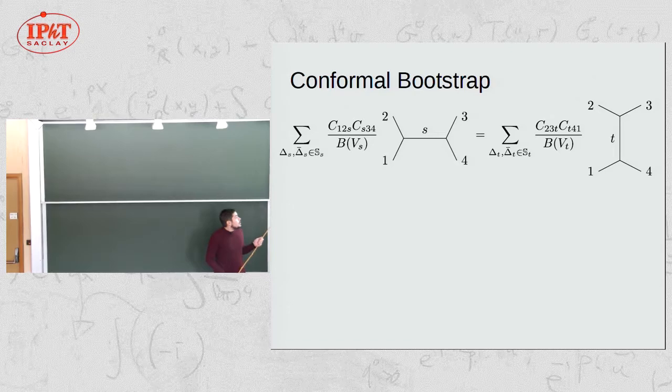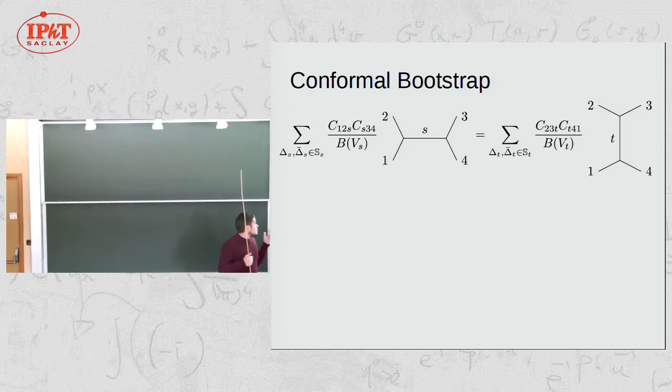And there are an infinite set of equations that, if they could be solved all at the same time, we would find conditions constraining the spectrum on both channels, so the S and T channel spectrums, and also the 3-point structure constants. So if we were able to solve the system generically, we would find all the information that we need to compute all the correlation functions that we want, and thus would have solved the theory.